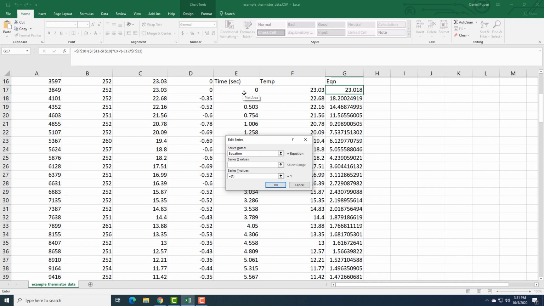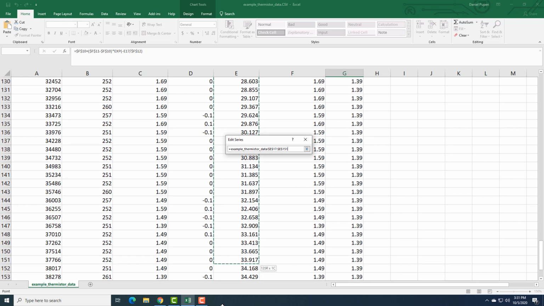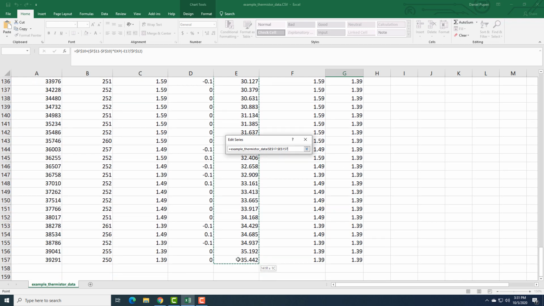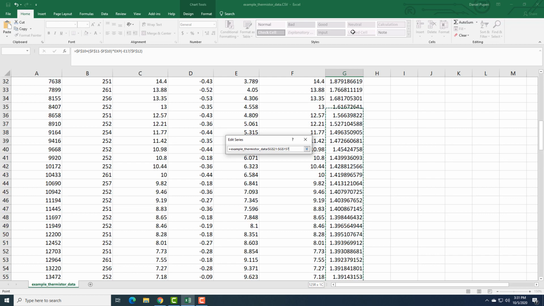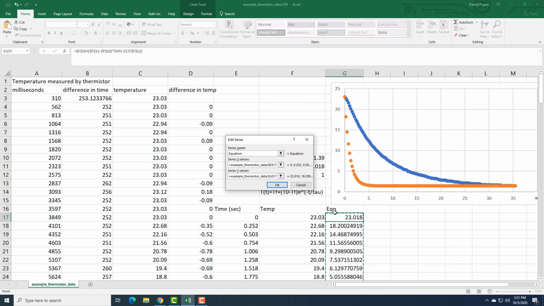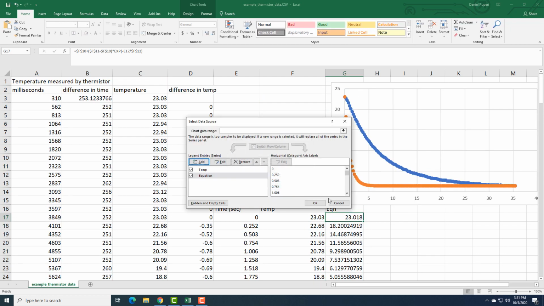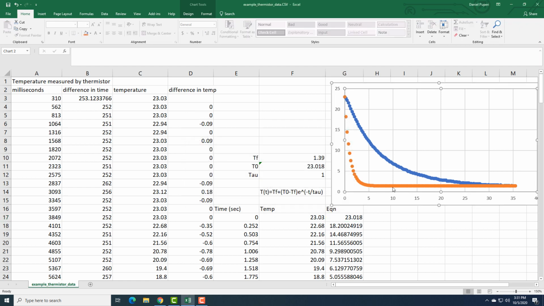I want to be my times, my y values. I want to be these temperatures. Okay, so that's where I see that, okay, this is obviously way too fast.